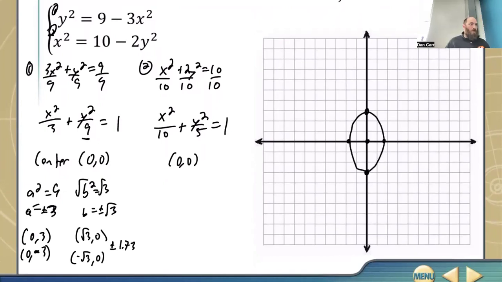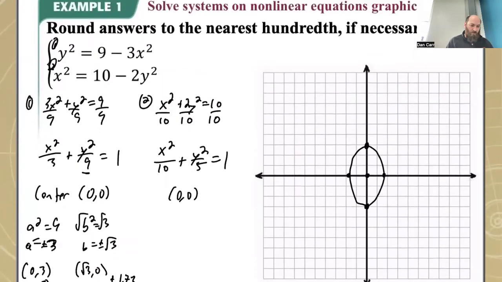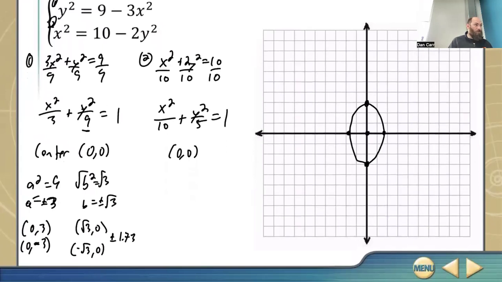Okay. Then I do the same thing over here. I've got a squared and b squared like this. So a squared is equal to 10. I square root that so that a is equal to plus or minus root 10, but I'm just going to go right to the decimal number in that case.